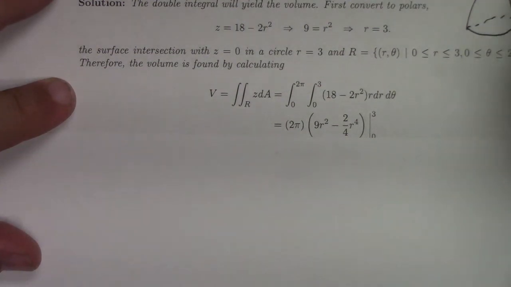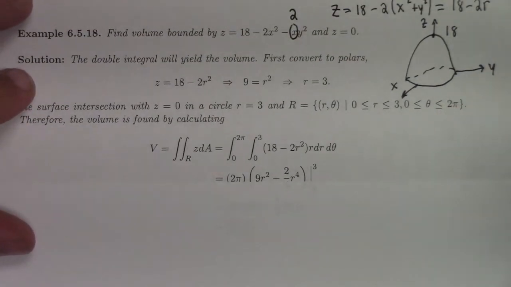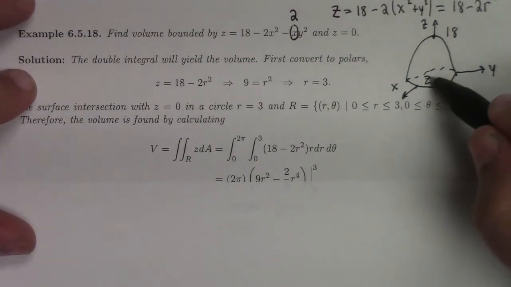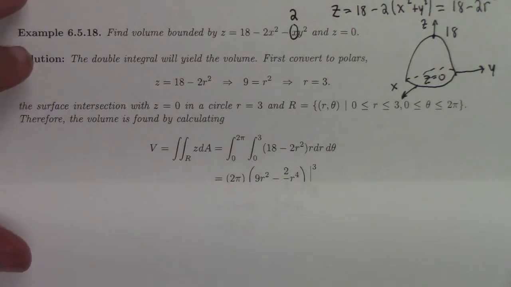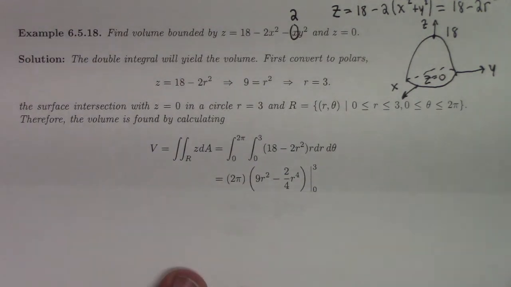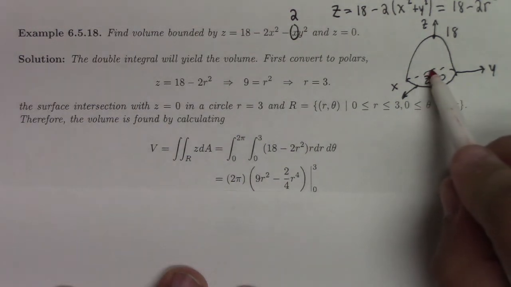Right, so like the zenith is at z equals to 18. And then down here in the xy plane, you know, this is z equal to 0 down here. And this calculation, setting z equal to 0, gives you 18 is equal to 2r squared, or r squared is equal to 9, so r is equal to plus or minus 3, but we insist r is positive here.